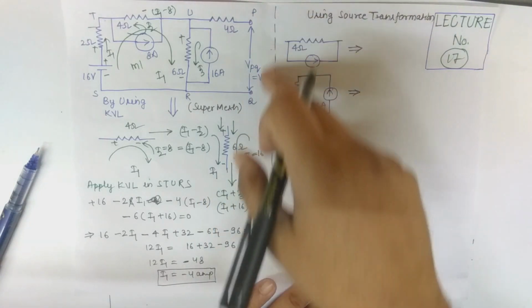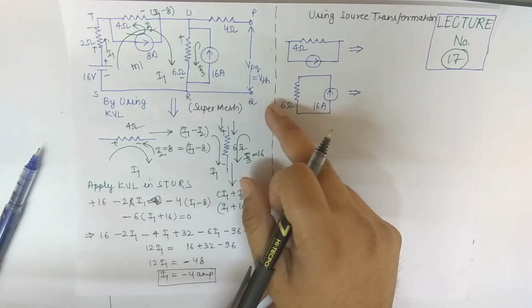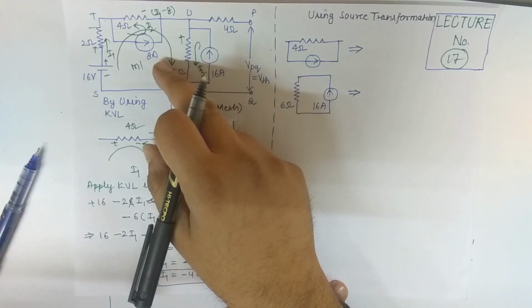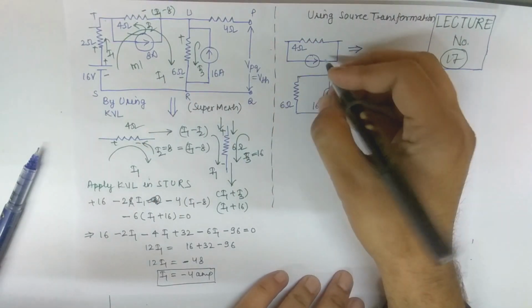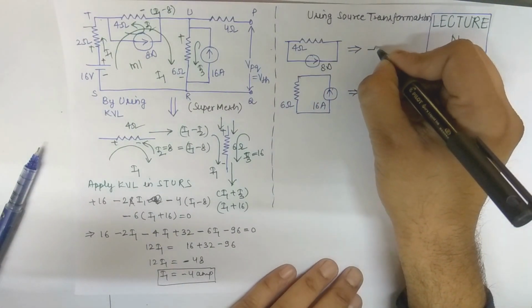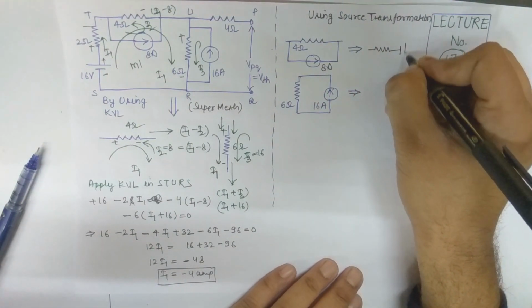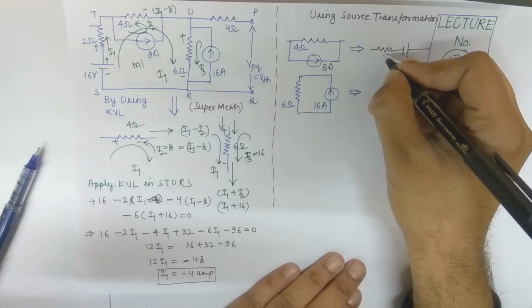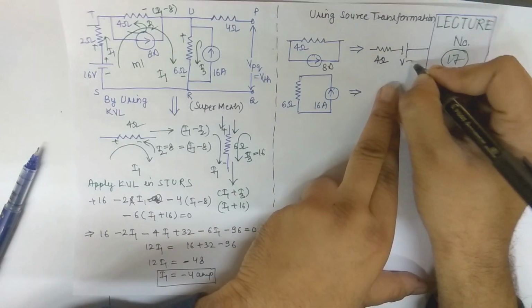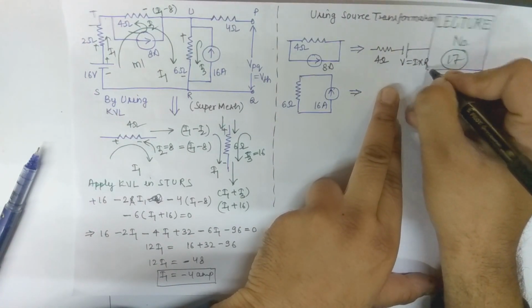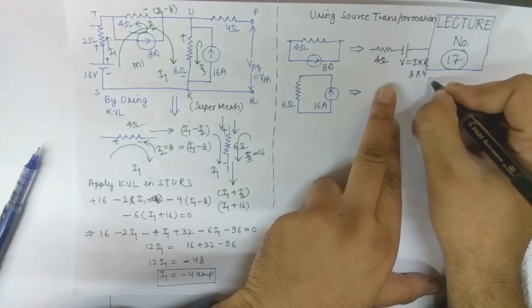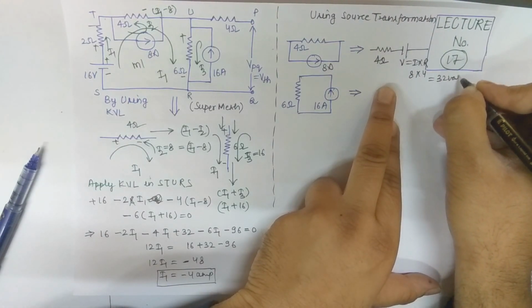solve for this VTH by using source transformation. So this is 4 ohm resistance, this is 8 ampere current source. Now we consider this. So we make a resistance and a battery in series. So the value of this resistance is the same 4 ohm, and this V is equal to I into R. So the value of I is 8 and R is 4, that is 32 volt.